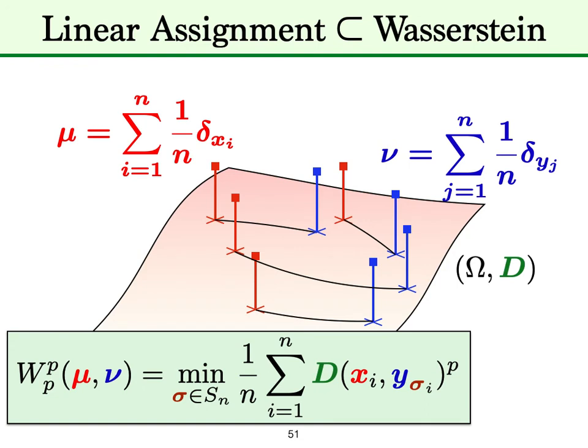If you instantiate it now between 2 point clouds of the same size, so here two discrete measures with n points and probability weights 1 over n, then this problem reduces to the optimal matching problem, the optimal assignment problem. Here it's somewhat simple. One barrack only needs to go to one front line, and then you just need to find the best possible way to pair them.